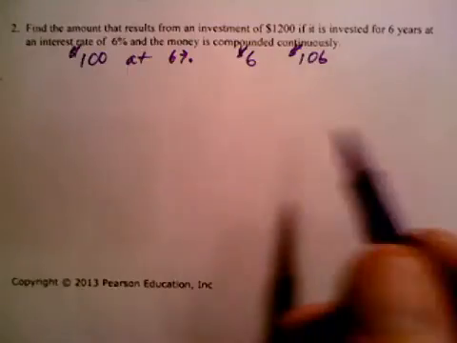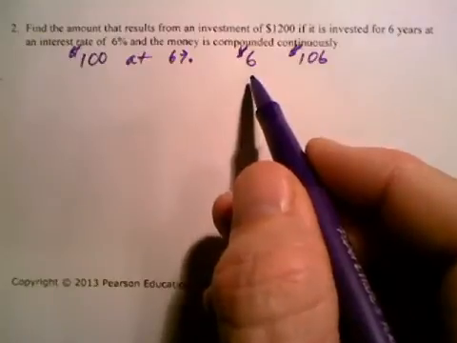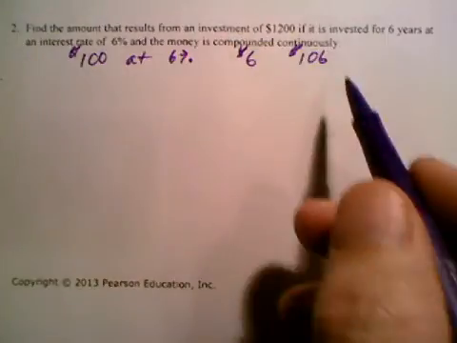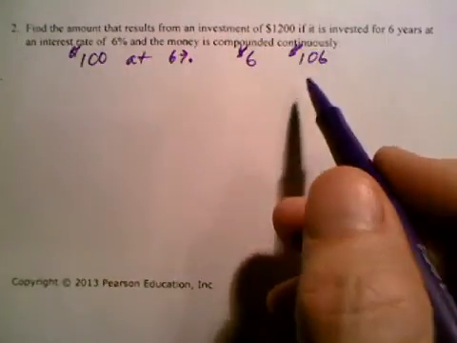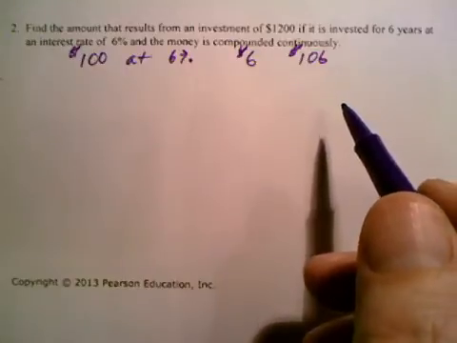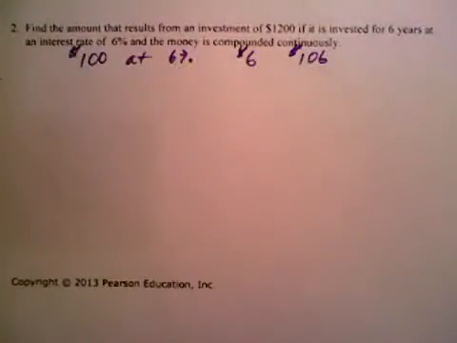And then at the end of the next year, you don't just get another $6, you get 6% of the $106. So you get a little bit more, whatever 6% of 106 is. I think that's $6.36 maybe. It's bugging me now.